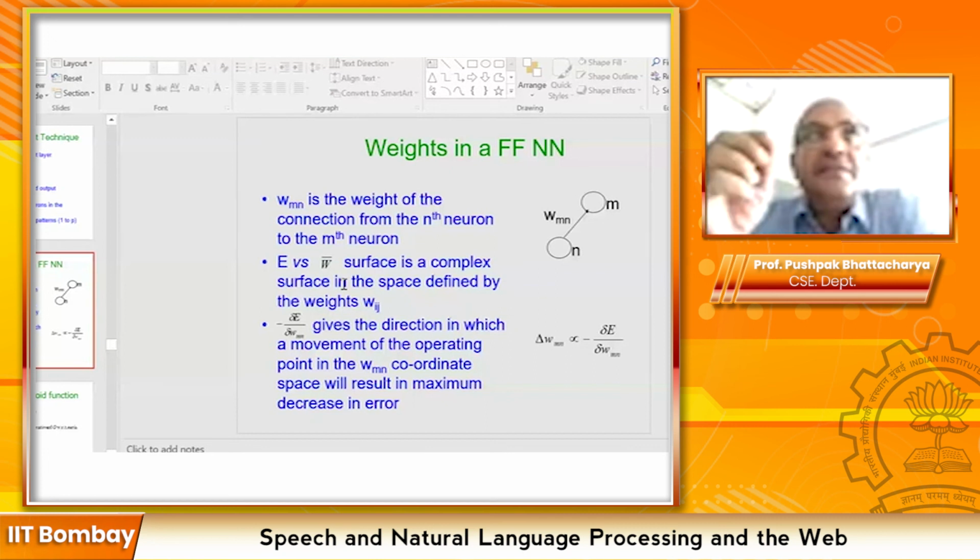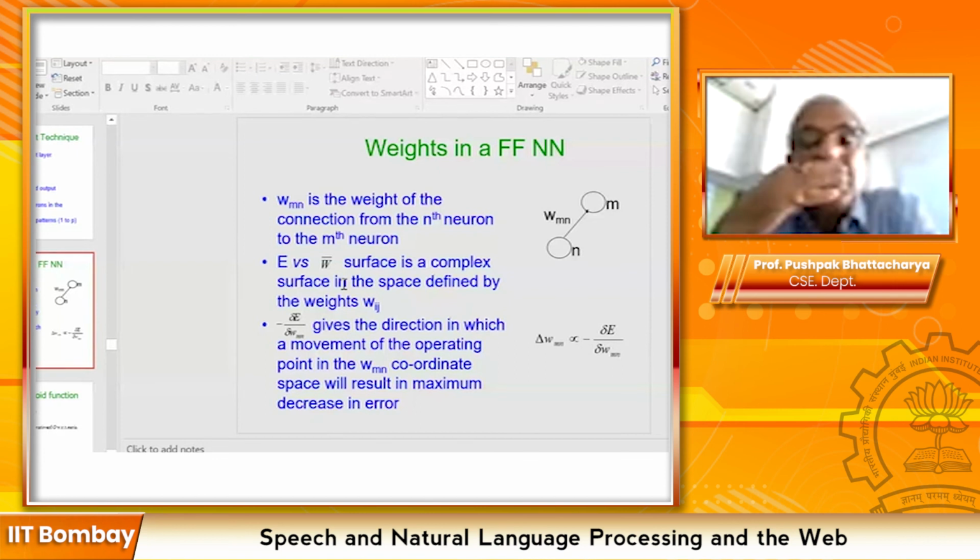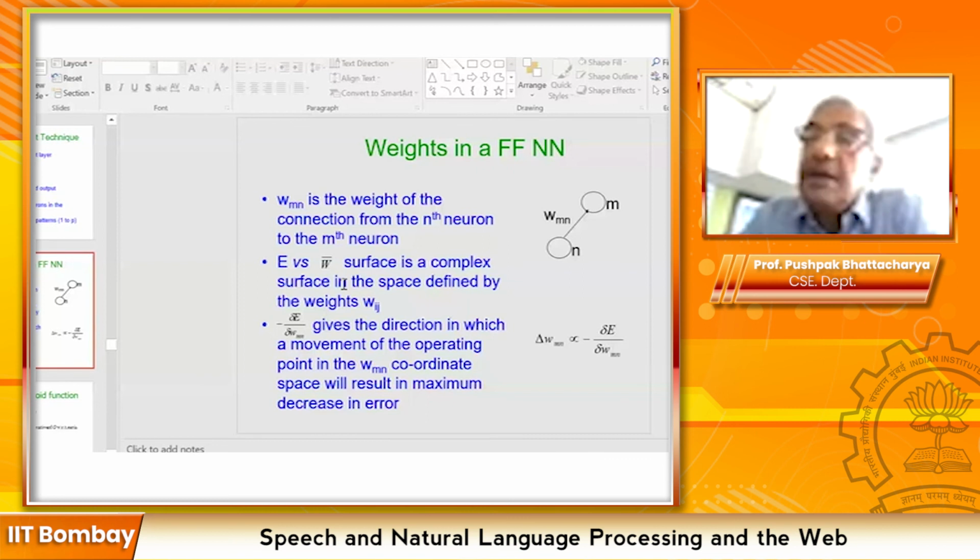Now, if you plot E versus the weight vector, this will be a very, very complex surface. It is impossible to visualize this. So minus delta E by delta W_mn gives the direction in which the operating point moves.